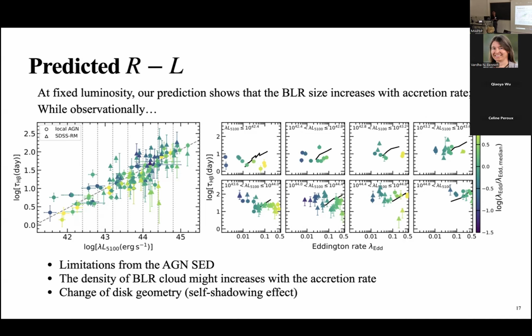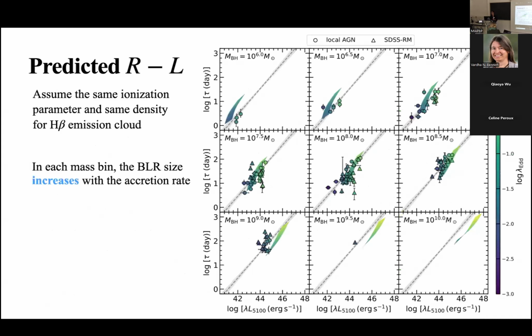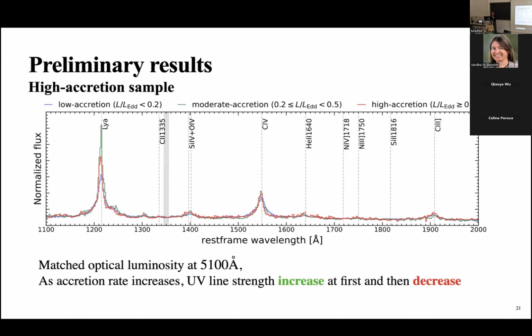So I'm a little confused about your comment about how the line strength changes with the accretion rate. A weak line quasar has equivalent widths of maybe less than 10 angstroms in carbon-4. So are you saying that those are the highest accretion rate objects, or not? So you mean the highest accretion rate objects still have the lowest equivalent widths for carbon-4? Not really. I think it's moderate accretion. Yeah, accretion rates are in between.